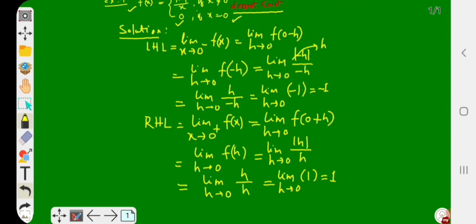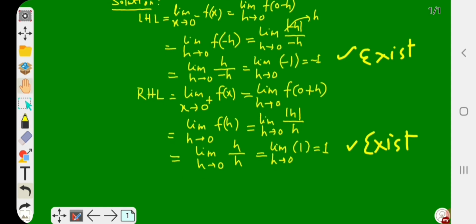Now you see, left hand limit exists, right hand limit also exists. Now we see the second condition, whether they are equal or not. Now you see the left hand limit is minus 1 and the right hand limit is plus 1.